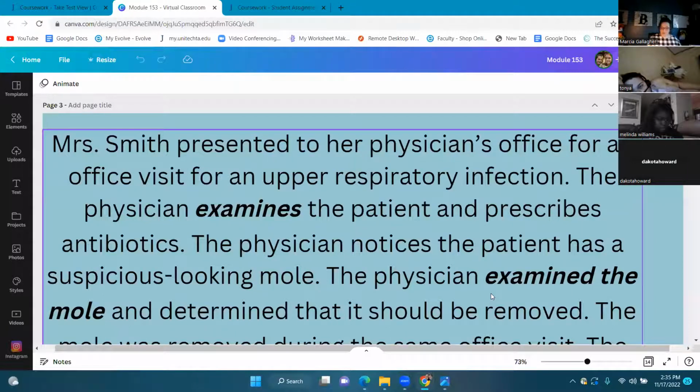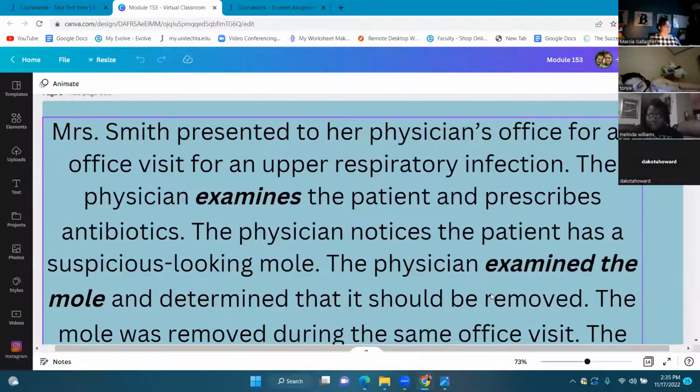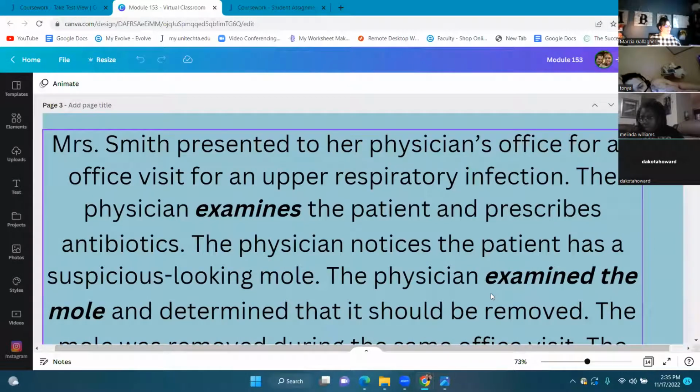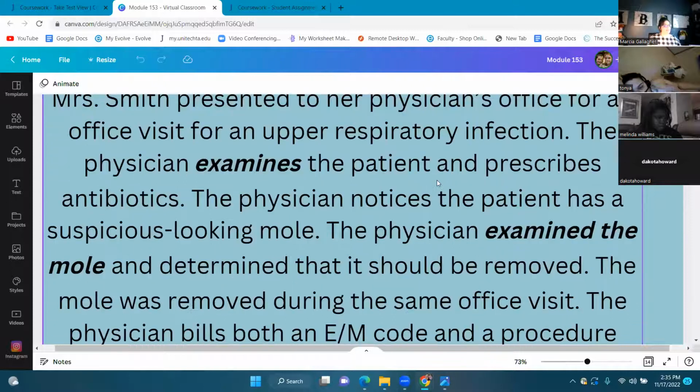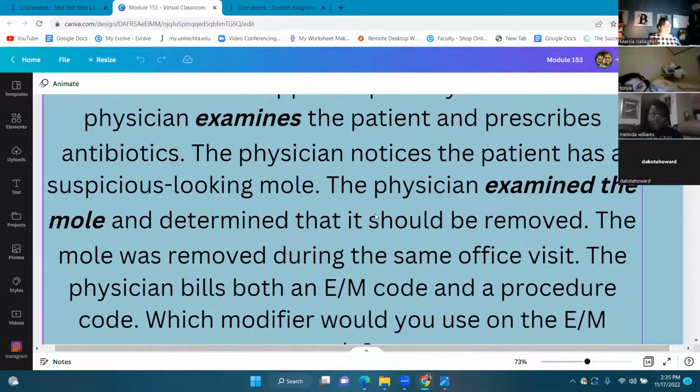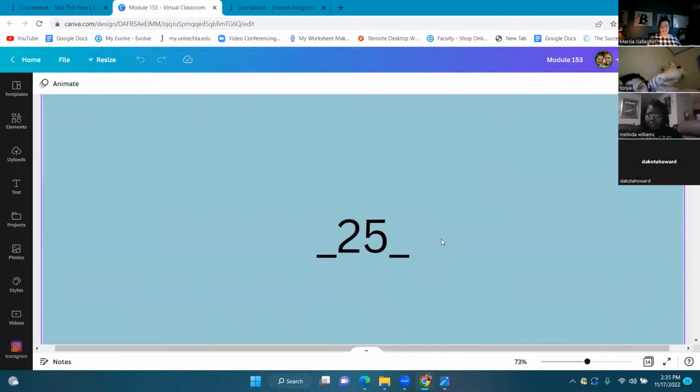It's a lot of words, right? The other service would be she went to her physician's office for an office visit for an upper respiratory infection. The separate service is that she was examined for the mole and they removed the mole. We are going to have to use modifier 25.